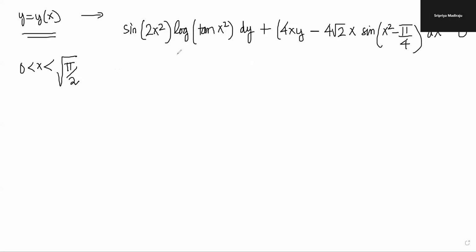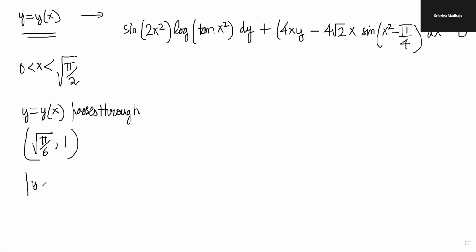This is the solution of this differential equation, which passes through the point root over pi by 6 comma 1, and you have to find the value of mod of y of root over pi by 3.